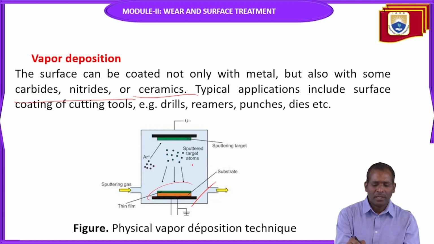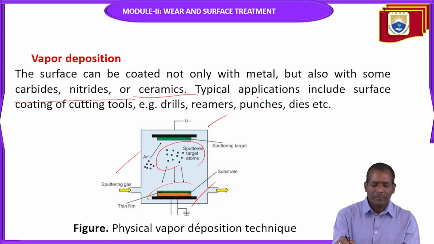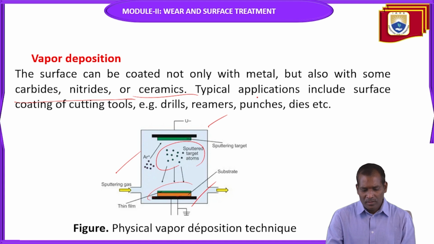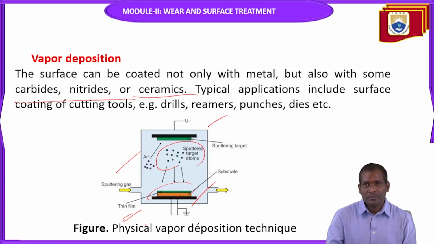The sputtered target atoms, some atoms are shown here. So finally, due to this vaporization, the substrate is coated with a thin layer.